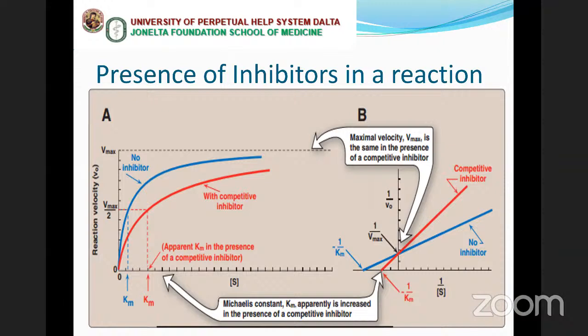What changes? Your Km, and it would need more substrate because, remember, your competitive inhibitor shares the same binding site. Okay? Do I have another slide for that?